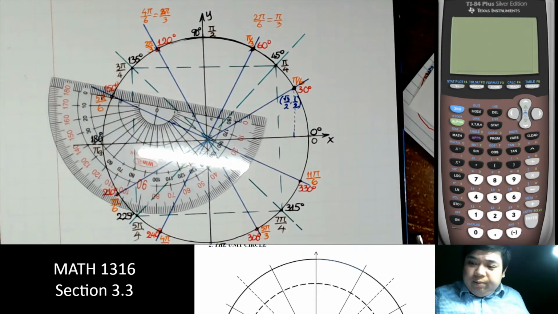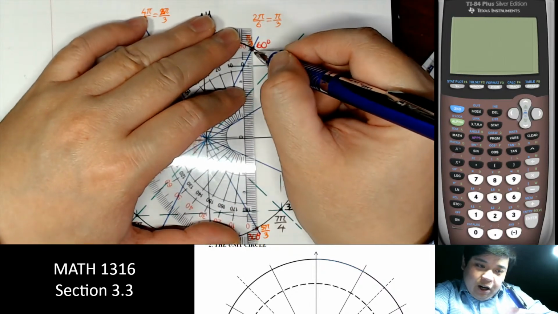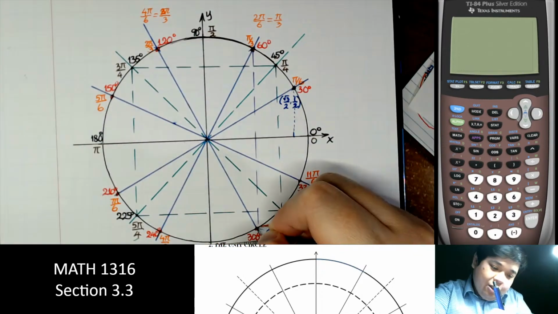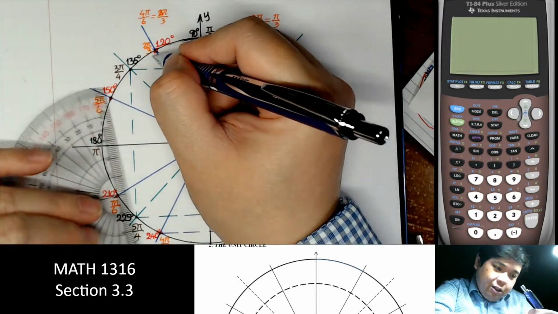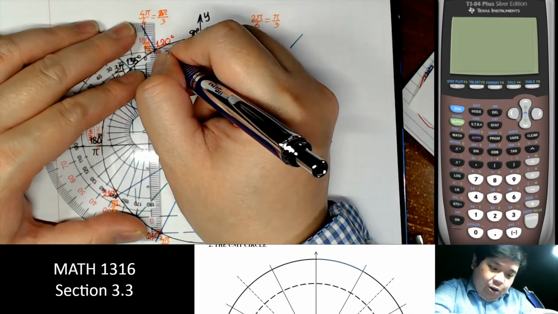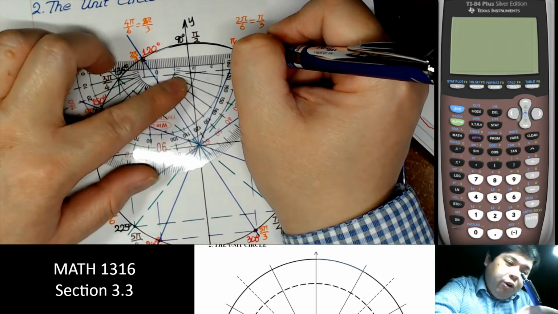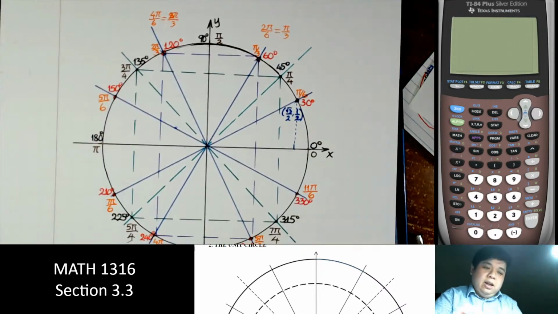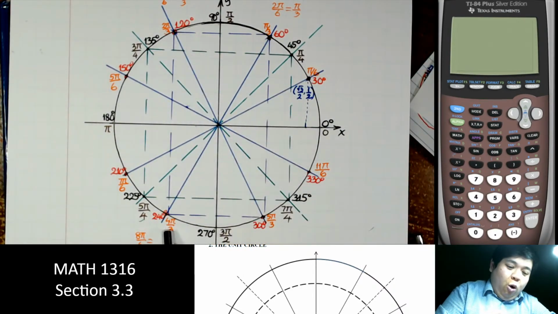If we try to draw a line that is perfectly vertical or horizontal, if we form a rectangle like this, pi over 3, 2 pi over 3, 4 pi over 3, and 5 pi over 3.